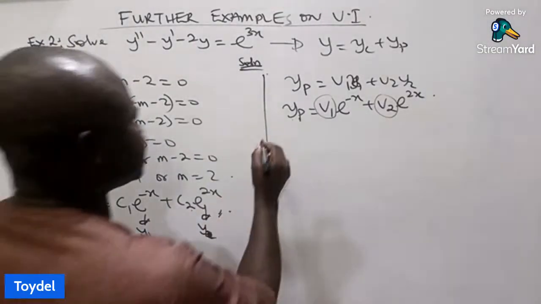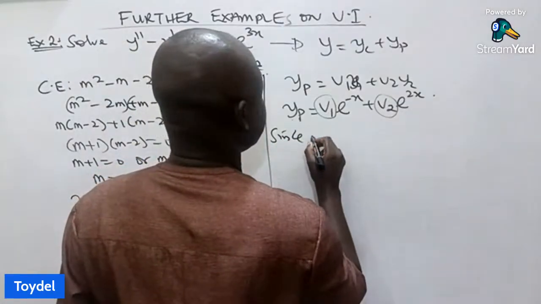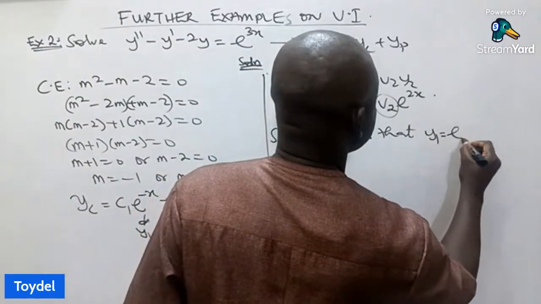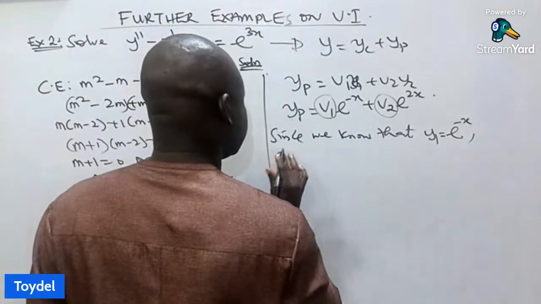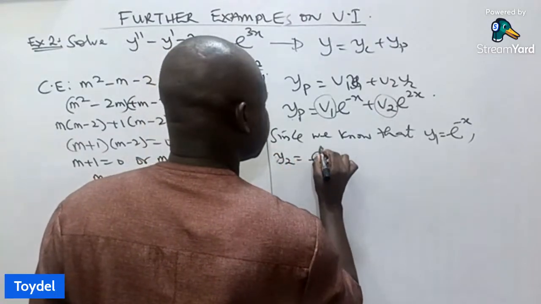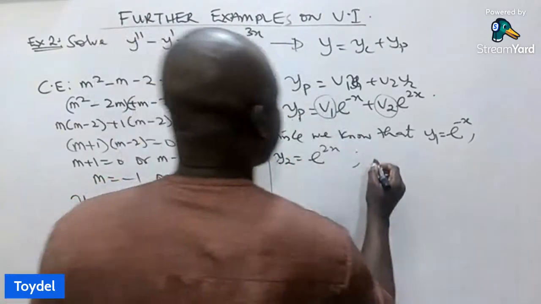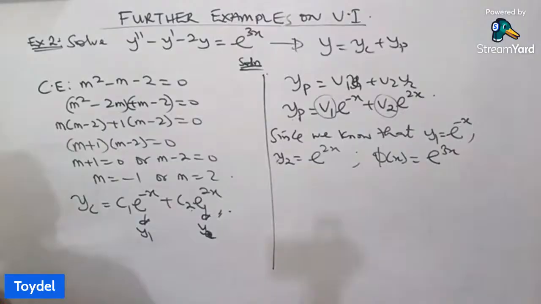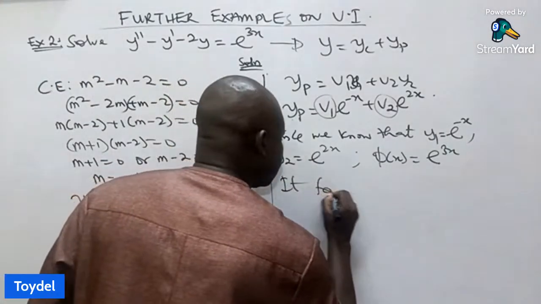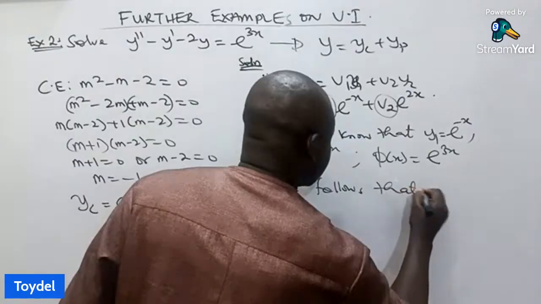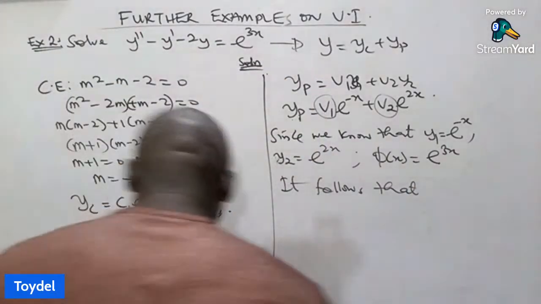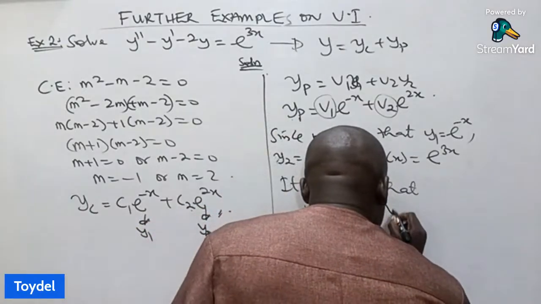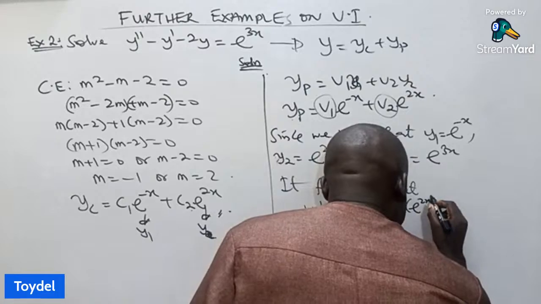How do we find v1 and v2? Since we know that y1 is equal to e to the minus x, y2 is equal to e to the 2x, and phi of x, the right hand side of the equation, is equal to e to the 3x, it follows that we rewrite this as a system of linear equations: v1 prime e to the minus x plus v2 prime e to the 2x is equal to 0.